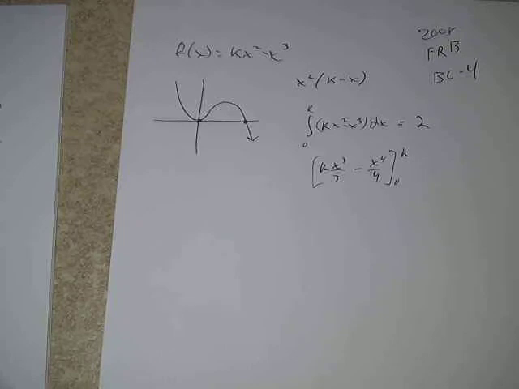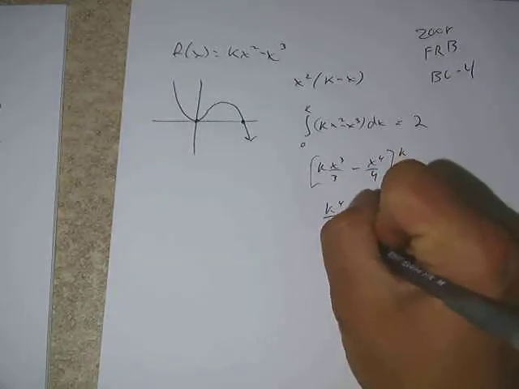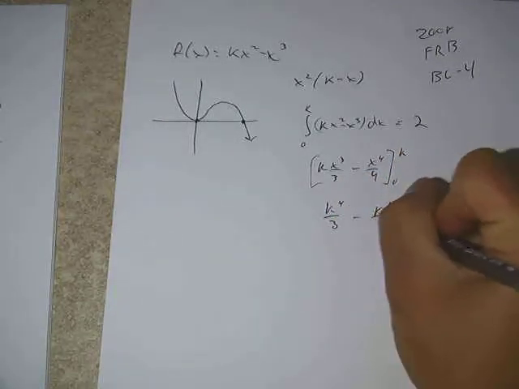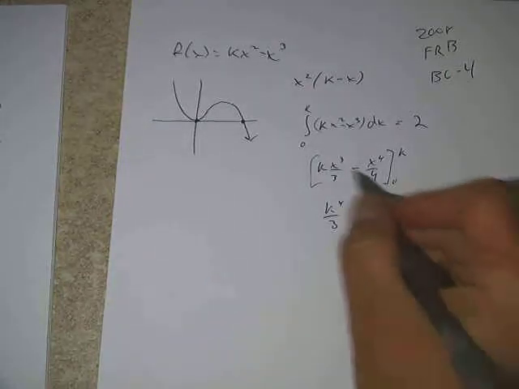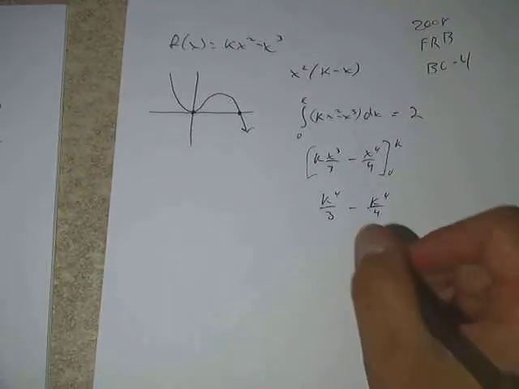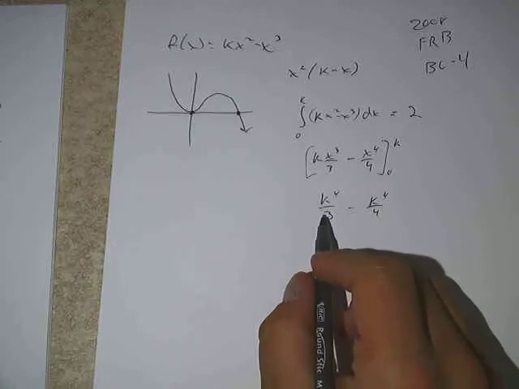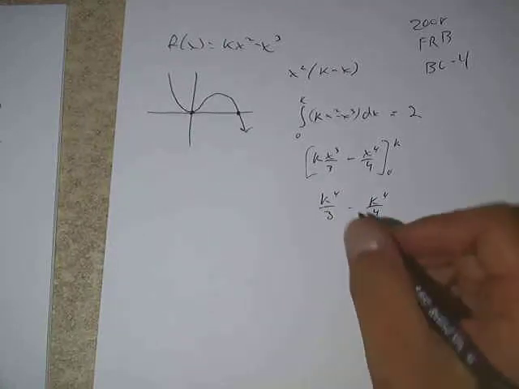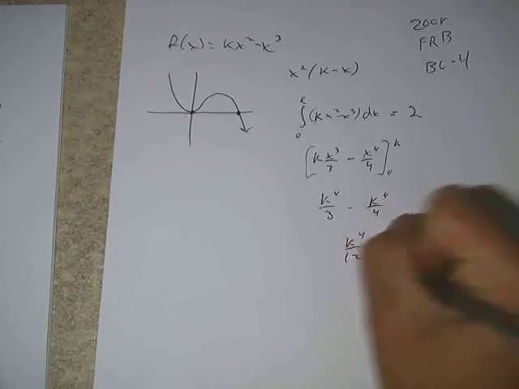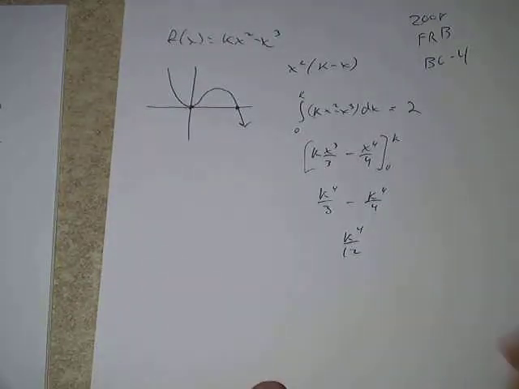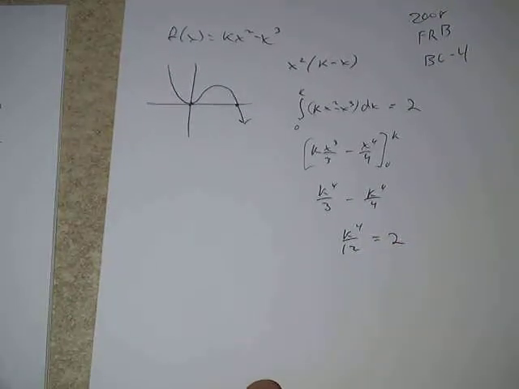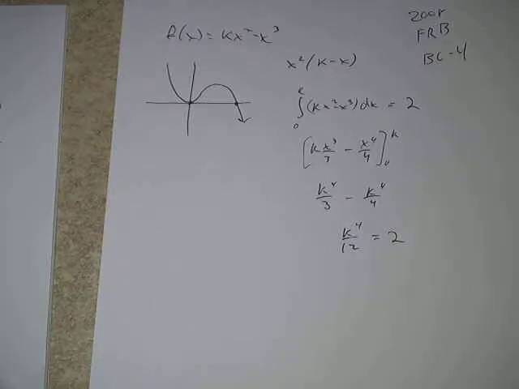And if we plug in our k value, we're going to get k to the 4th over 3 minus k to the 4th over 4. Zeros in there are going to make zeros. So if we get our common denominator, we're going to have 4k to the 4th over 12 minus 3k to the 4th over 12. So it'll just be k to the 4th over 12 all together when we subtract those two. And again, we want to know when that equals 2.